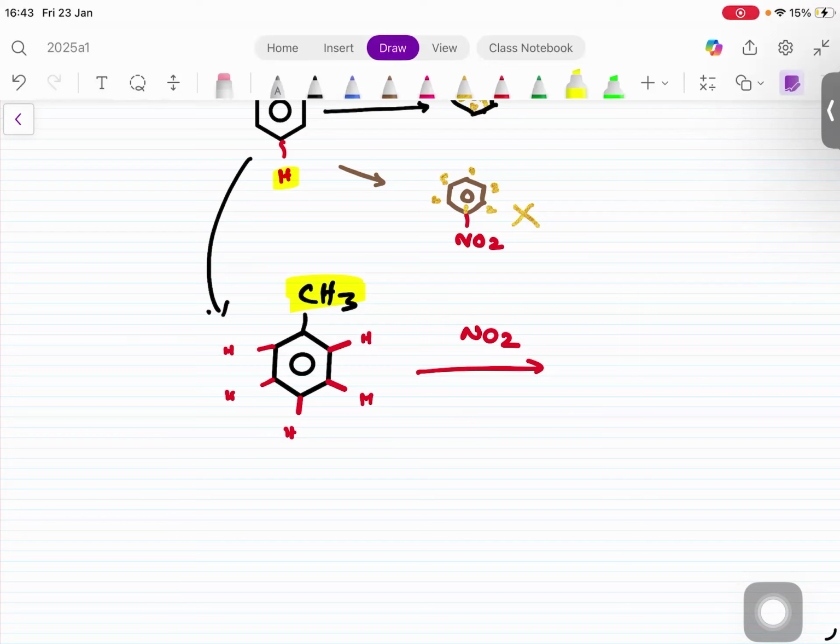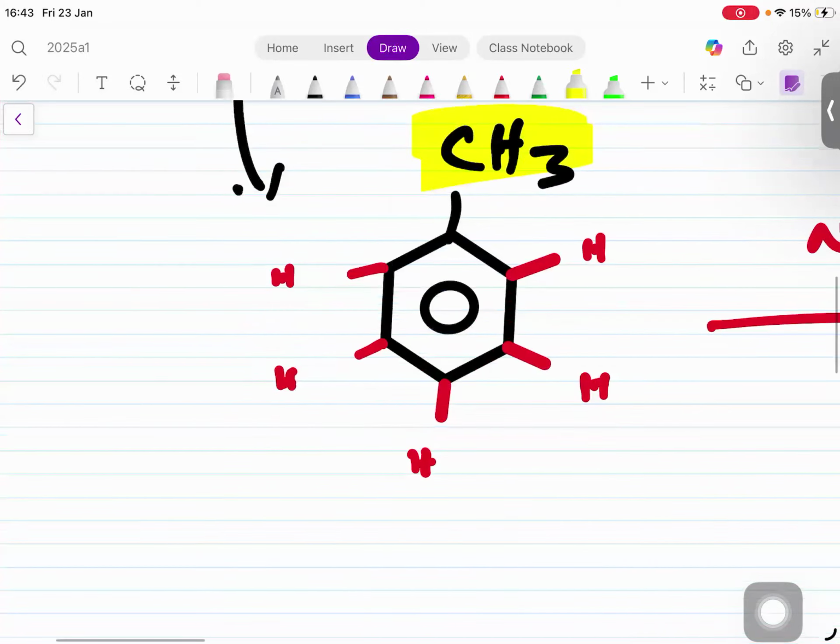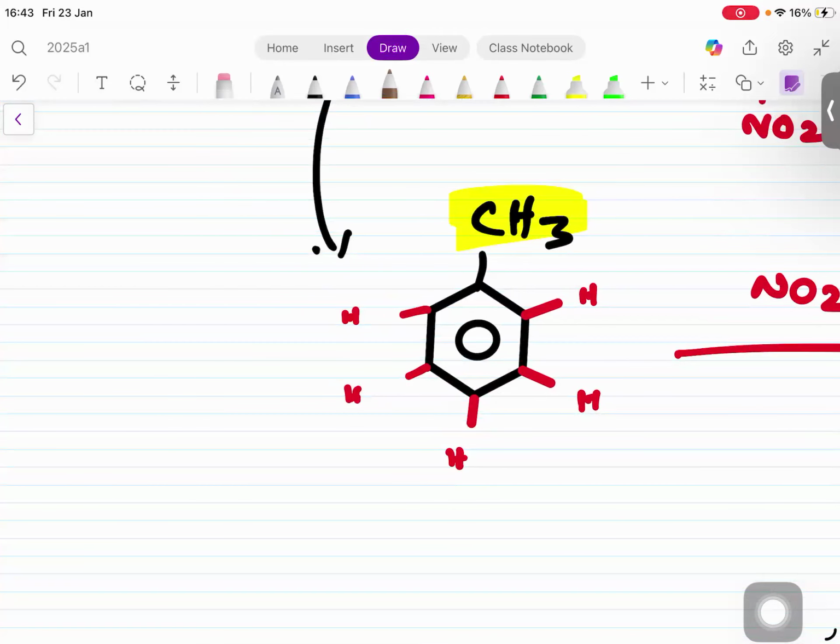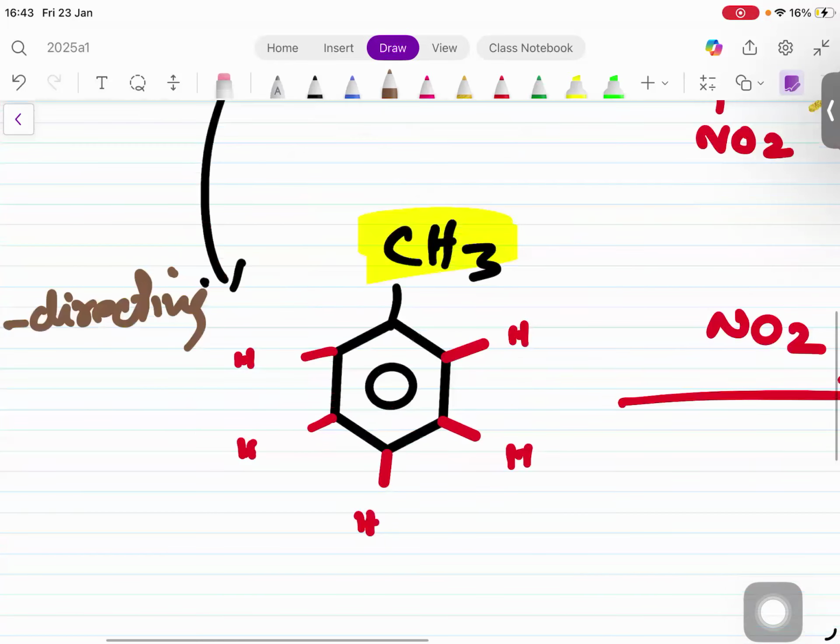And as far as this direction is concerned, there are actually 2 types of groups. Number 1, just like my methyl is a 2,4 directing group. What is the meaning of 2,4 directing group? That methyl will direct the further substitution either at carbon number 2 or 4 altogether. For example, this is 1, this is 2, this is 3, this is 4, this is 5, this is 6.